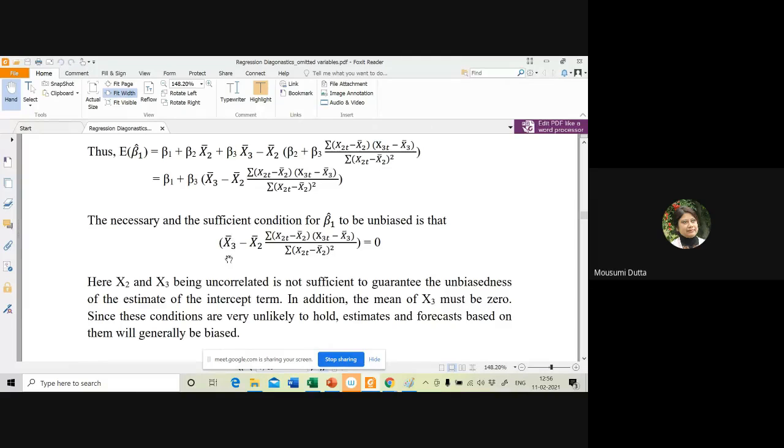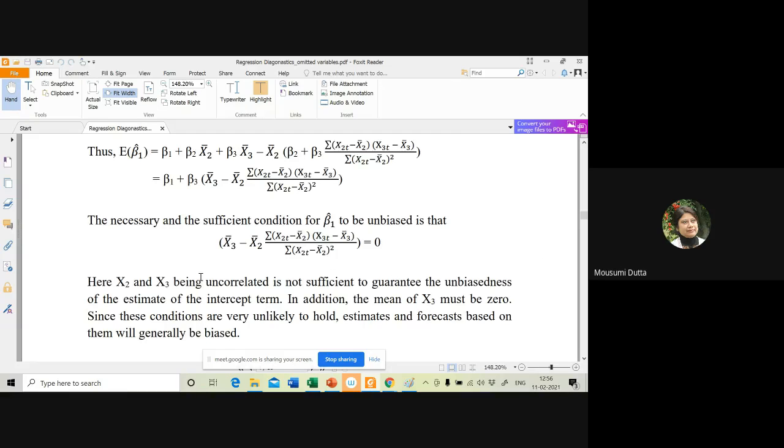That is, if x3 bar is equal to 0 and there is no correlation between x2 and x3, only then beta 1 hat will be an unbiased estimator of beta 1. So these are only imaginary situations. Why would the mean of x3 be equal to 0? This is not possible.